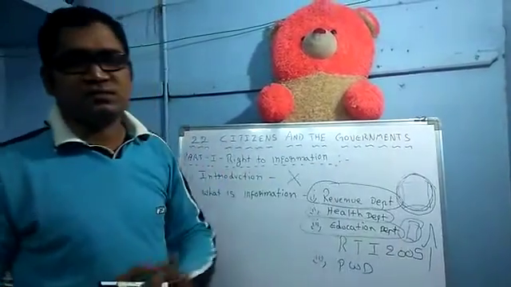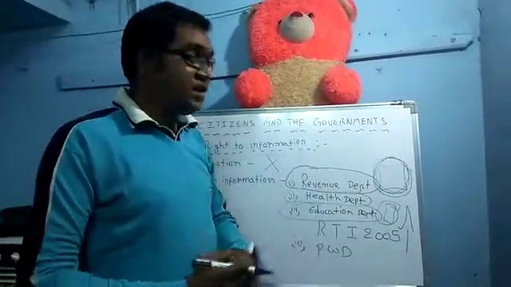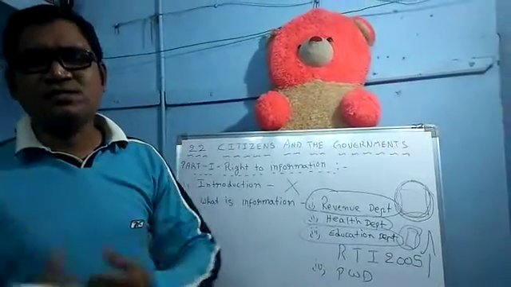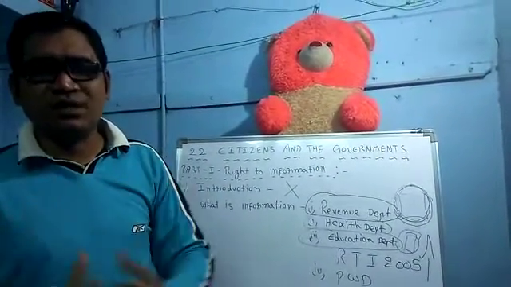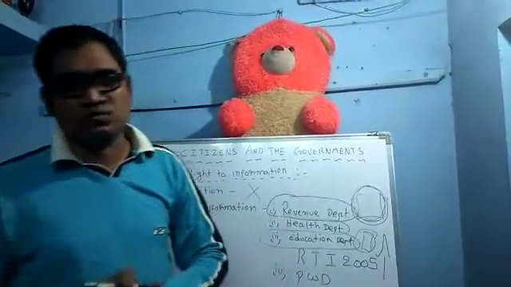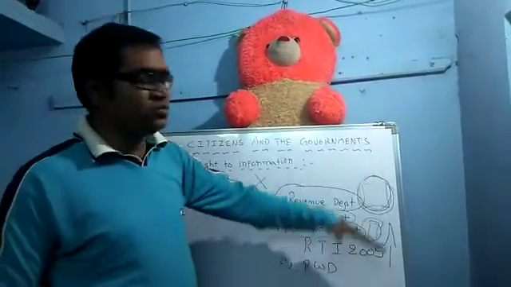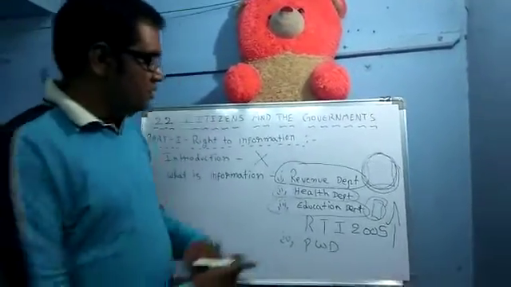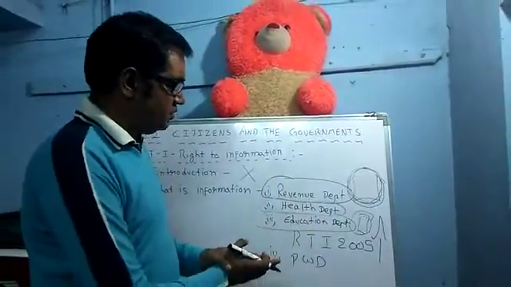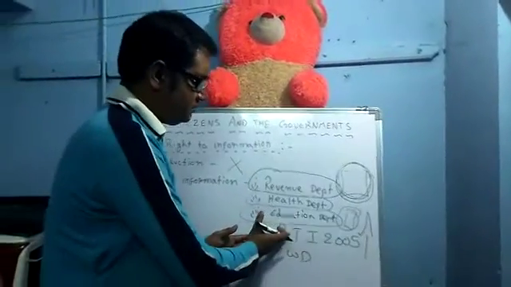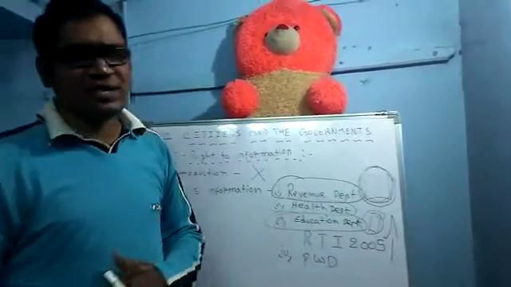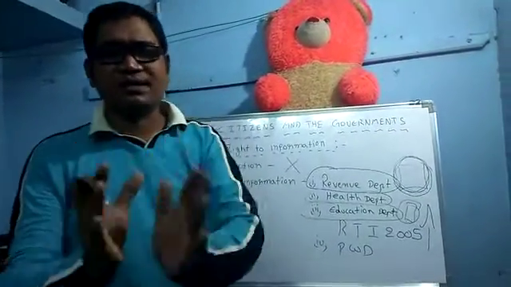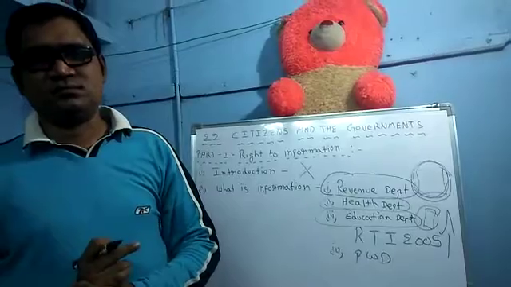before the RTI Act, they were maintaining according to the instructions of the central and state governments. The central and state governments gave the formats, and those formats only they should follow before the RTI Act 2005. Later, the Right to Information Act 2005 gave some rules and regulations on how to maintain the records.